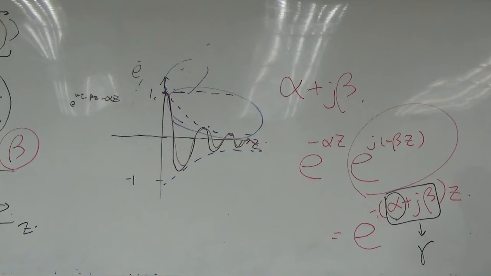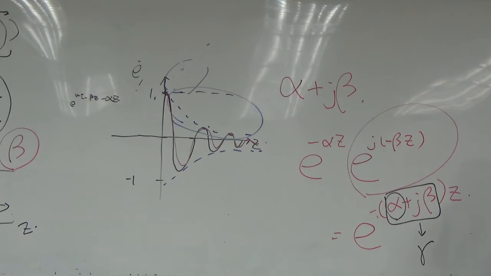You use exponential minus gamma z. This is the equation you find in the textbook. Okay? So this is different. When you discuss lossless, it's j beta, right? Now it is gamma only.